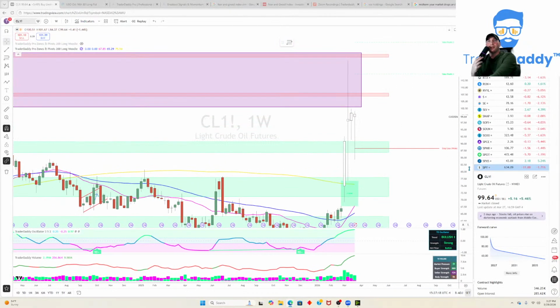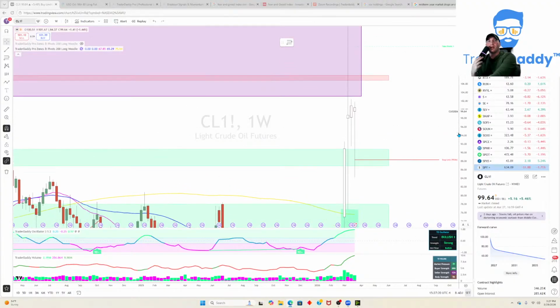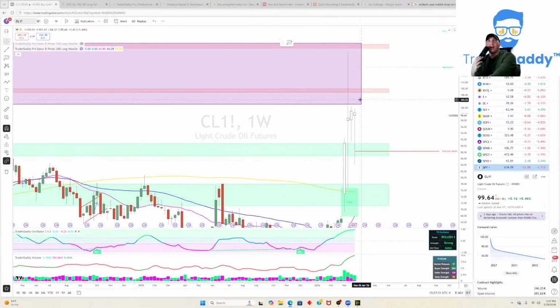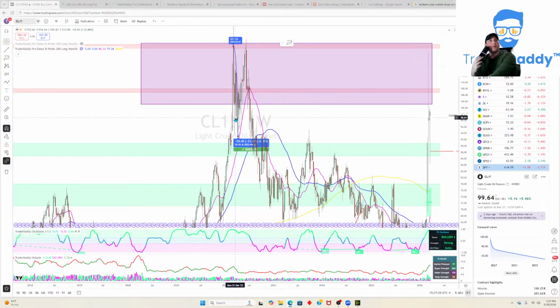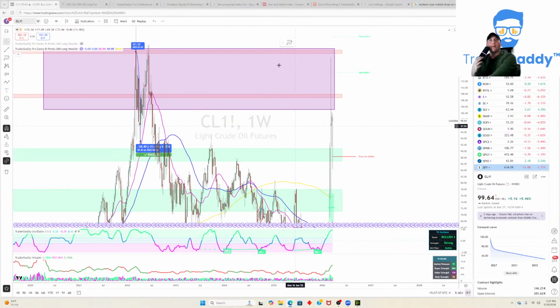This is crude oil, and you can see historically we can't deal with oil being over 120. You could go back to 2022. It went down pretty quickly both times, but that's why I'm going to be playing it as a longer term play downwards, because eventually it will go down.